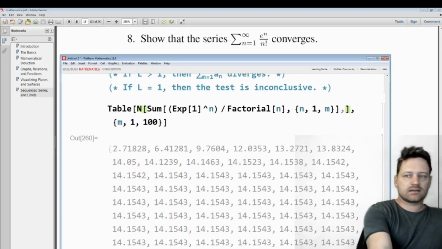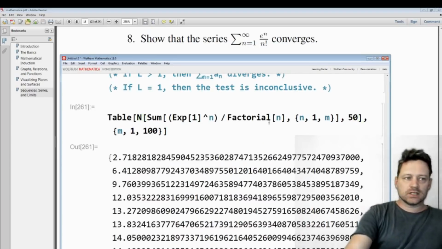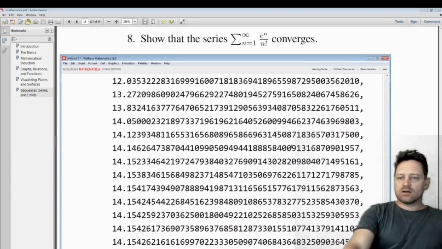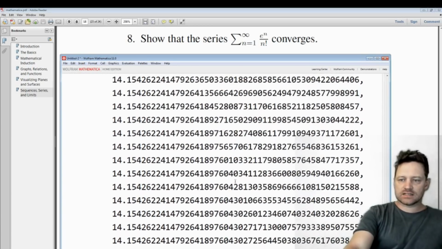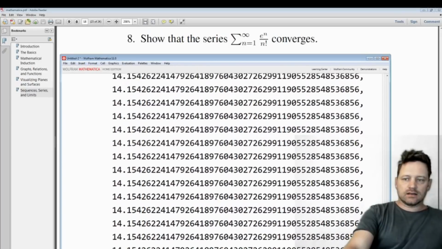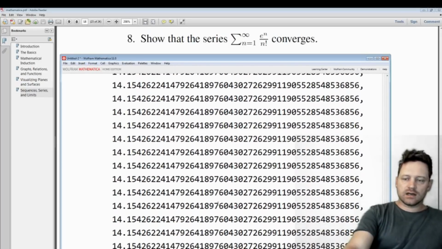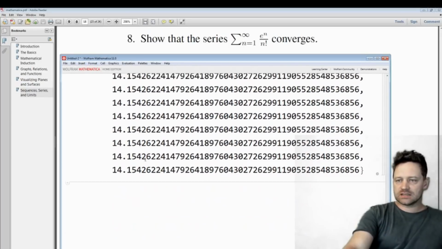Let's take this to 50 decimal places. Each of these is now taken to 50 decimal places, and let's investigate the 99th and 100th terms and see how they differ. They look much the same, so this seems to be converging very quickly.